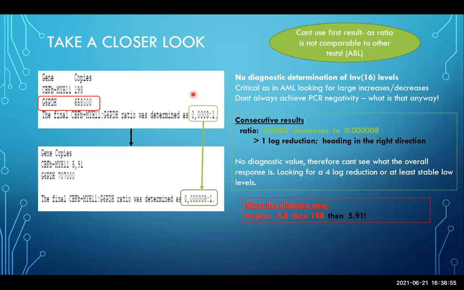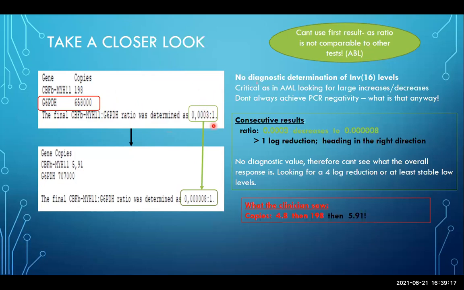So just looking at the two that were from the same lab, this was a good report in terms of having the copy number and the copy numbers of both the gene and the housekeeping gene. I wouldn't actually recommend putting those in because, as you can see, it confused the clinician, but the ratio was given. In this case, the ratio was 0.003.